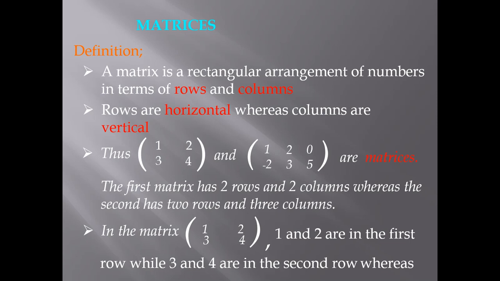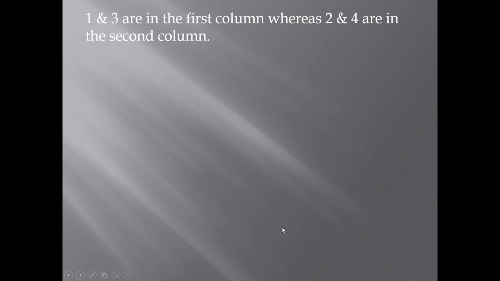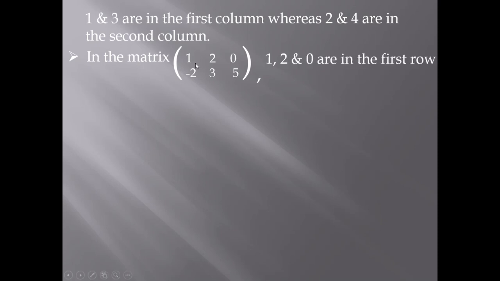Now when you check this other matrix here, our second matrix, you realize that these elements 1, 2 and 0 are in the first row, while -2, 3 and 5 are in the second row.